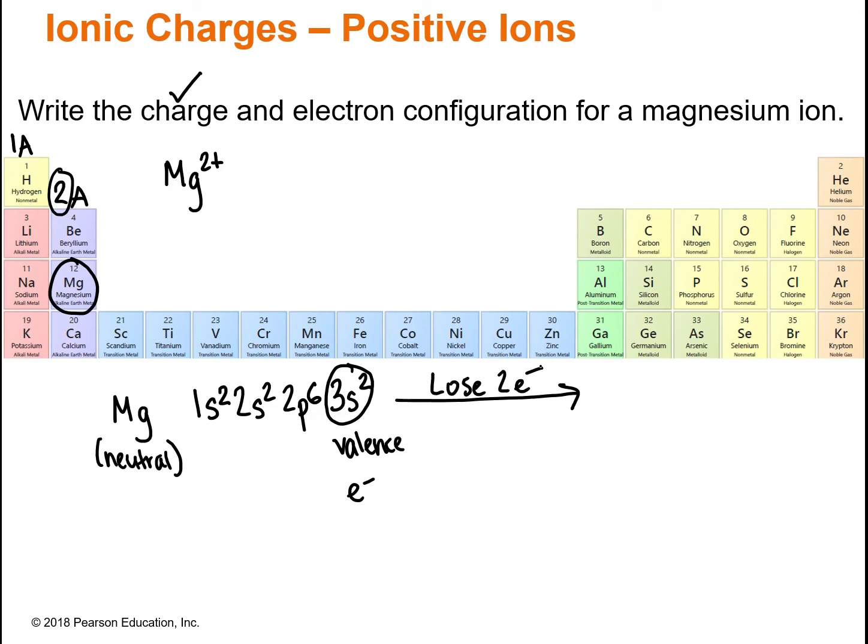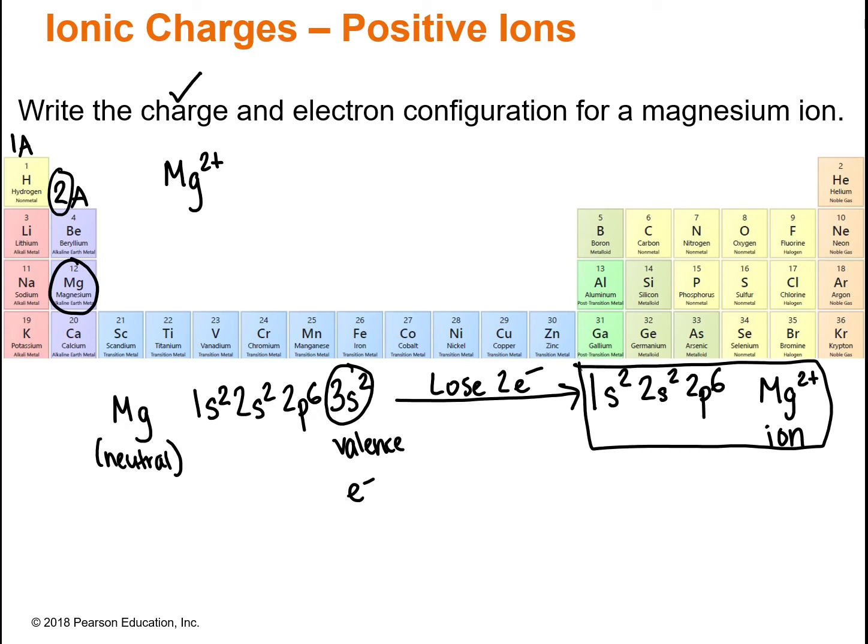So we're going to lose those 2 electrons. When we write out our configuration for the ion, we're just not going to include the valence electrons. So that is the electron configuration for the magnesium ion.